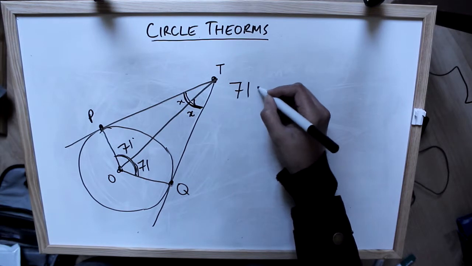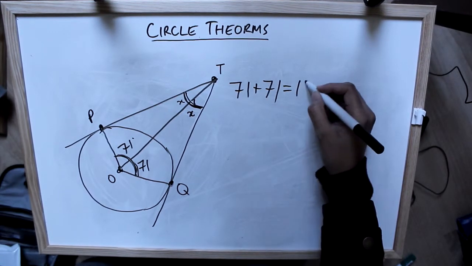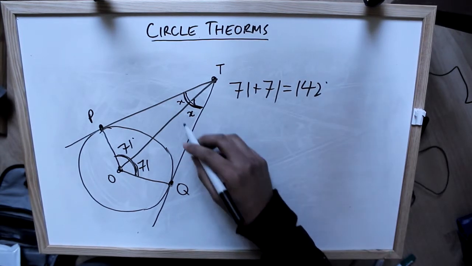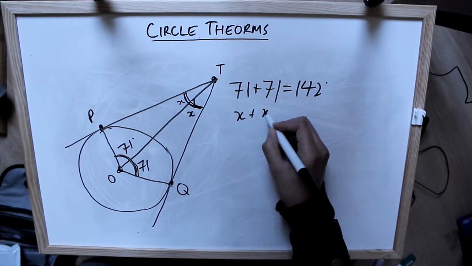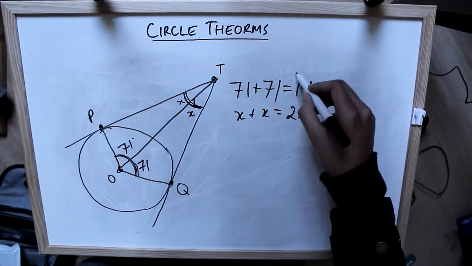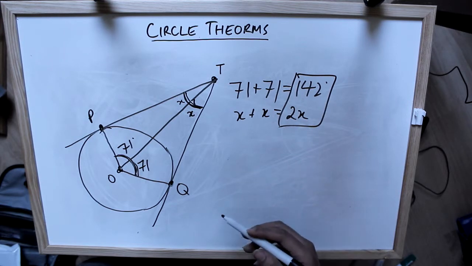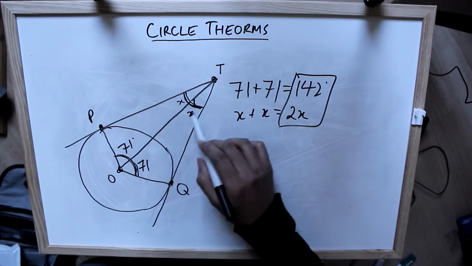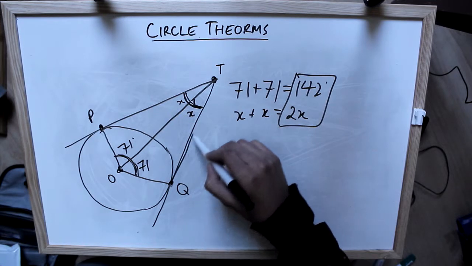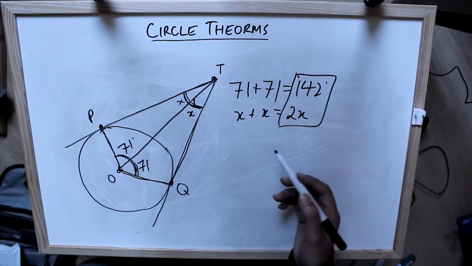So let's do 71 add 71, that gives us 142. x add x gives us 2x. So we know that these two need to add up together and give us 180, because two opposite angles of a quadrilateral, just identifying the quadrilateral, equal 180.